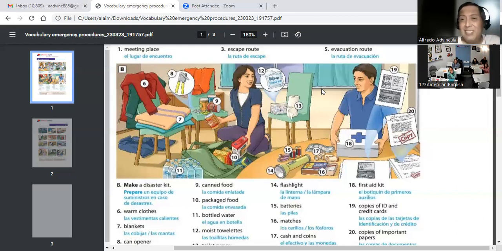Flashlight. Yes. Why, can anybody tell me, Valeria, could you tell me why batteries are important? And why is a flashlight important in the event of an emergency? Why are they important?